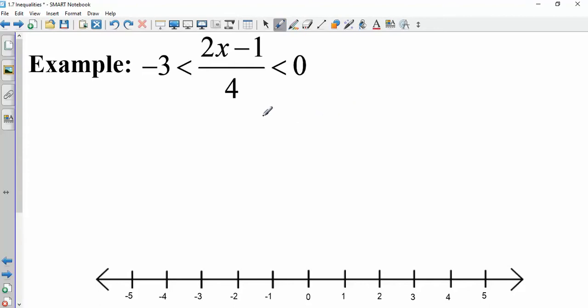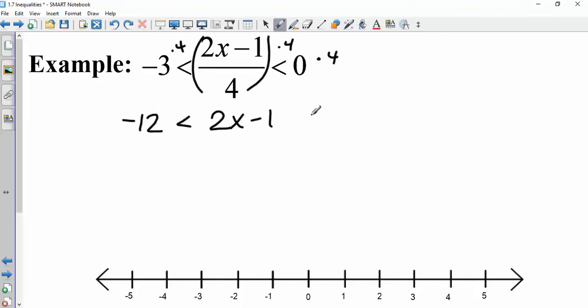So basically just like an equation, but if you do it to one piece, you have to do it to all 3. So if I'm trying to solve for x, what would we need to do first? If I'm going to take the middle times 4, we have to do both ends times 4. We get negative 12 is less than 2x minus 1 is less than 0.